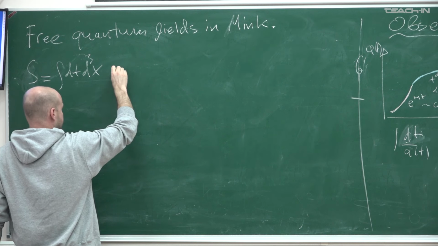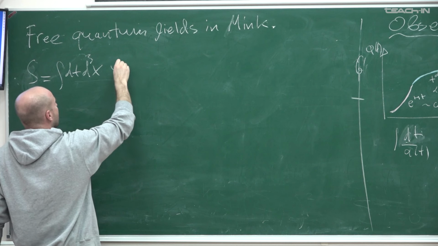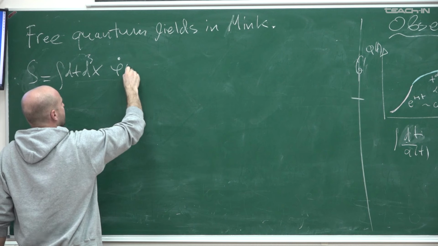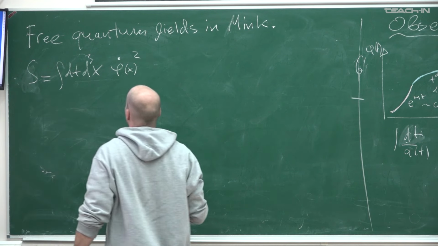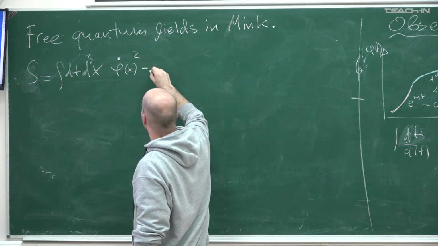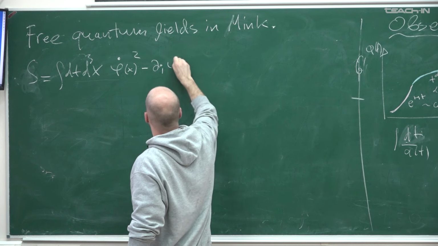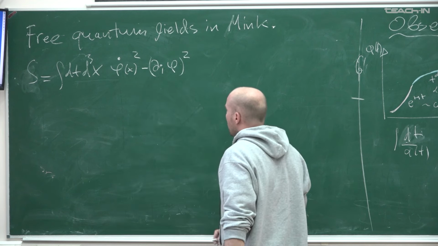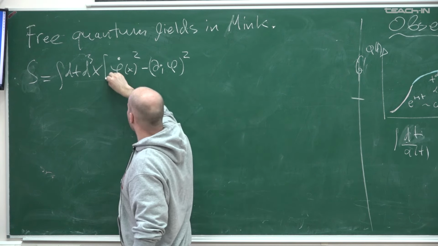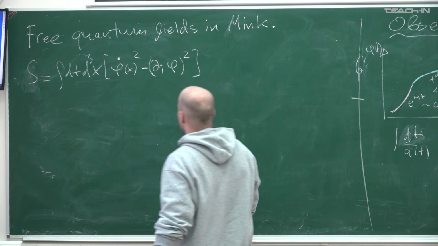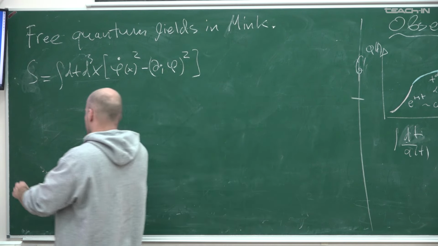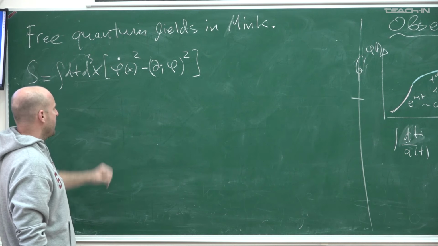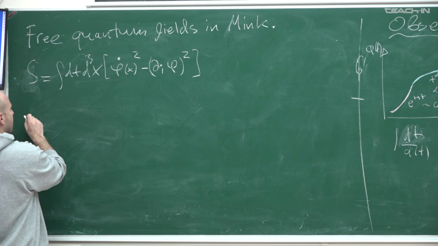We have a kinetic term, phi dot of x squared, and then we have the gradient term, the gradient of phi squared. Then we can go to momentum space. We get a bunch of harmonic oscillators.